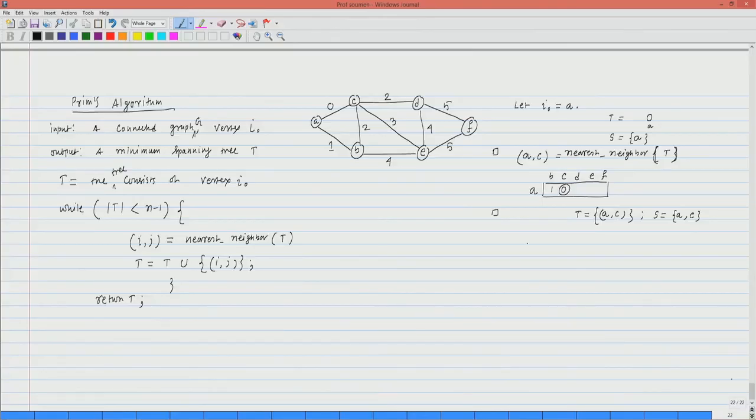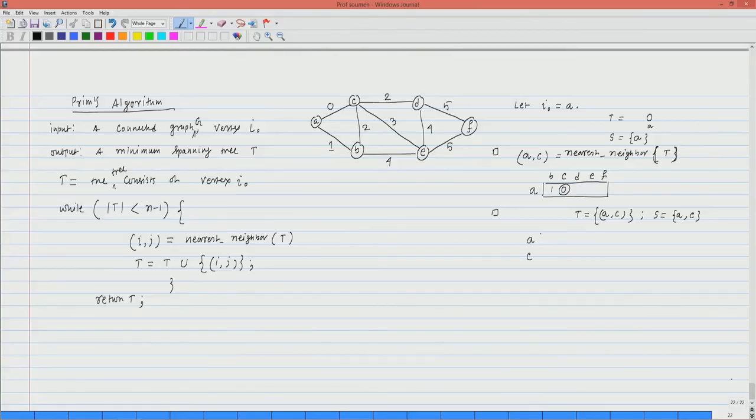So, again you find the nearest neighbor of T. One way of finding that is that A and C are in one part and the remaining vertices are in the other part. That can also be represented in the form of a table.